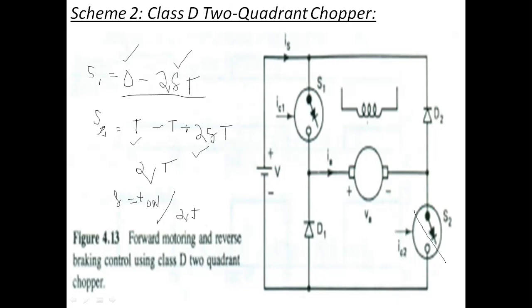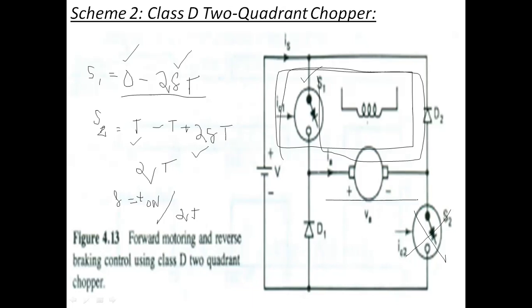The armature current flows through D2 and S1. Here VA is equal to 0, as there is no voltage.